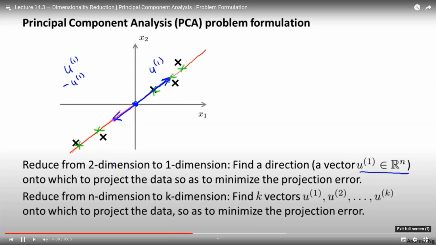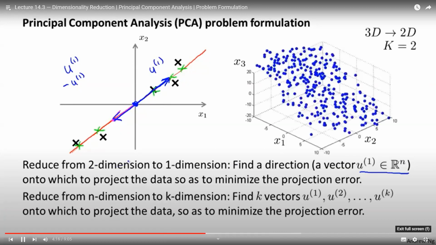In the more general case, we have n-dimensional data and we want to reduce it to k dimensions. In that case, we want to find not just a single vector onto which to project the data, but we want to find k dimensions onto which to project the data so as to minimize this projection error. So here's the example.